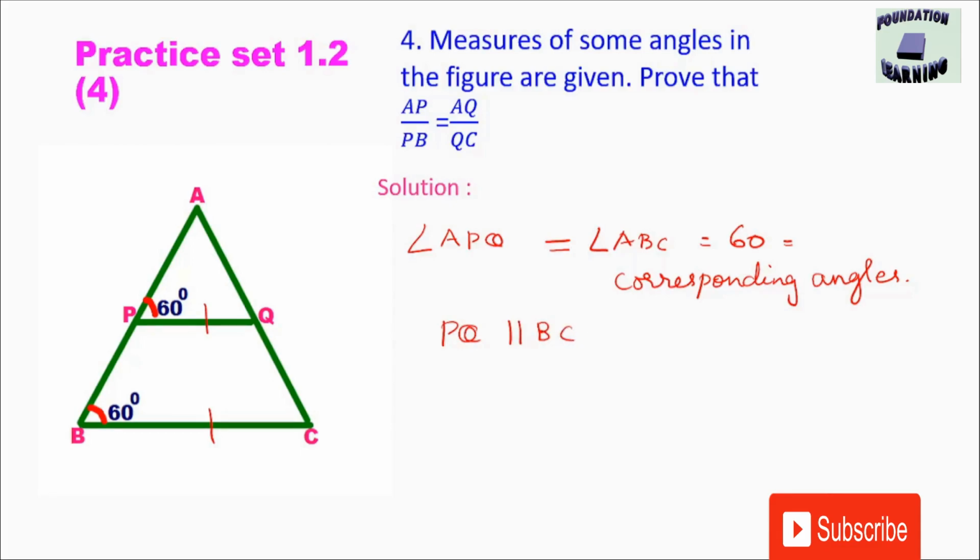Okay, now we have got the parallel lines. So which sides will be in proportion? When the lines are parallel, the sides which will be in proportion are AP is to PB, which will be equal to AQ is to QC. So we have proved it. Simple.